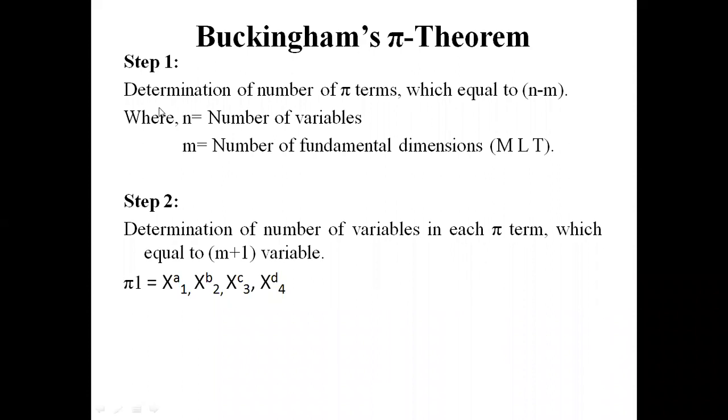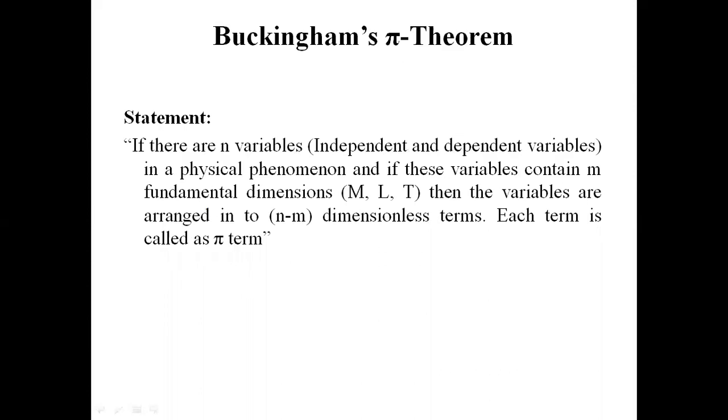So step 1 indicates determination of the number of pi terms, which equals n minus m. Already within the statement we have gone through this. You can see the second last line: the variables are arranged into n minus m dimensionless terms, and these terms are called pi terms. So how many pi terms are there?